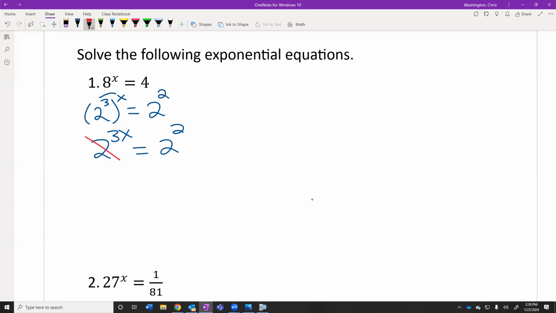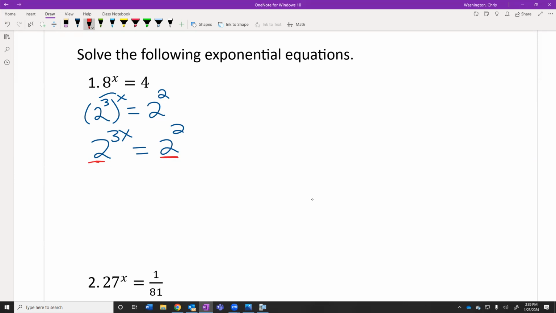You might come in here and cancel those 2's out, cancel those bases out. Mathematically, nothing that we've done actually canceled those bases out. They don't cancel out. There's nothing we can do to cancel them out. So don't do that. What we are saying is, hey, the bases are the same.